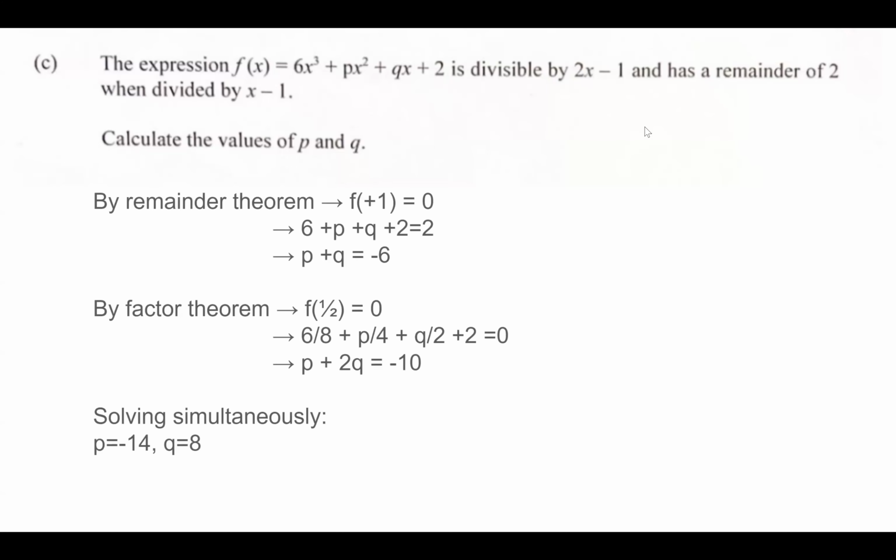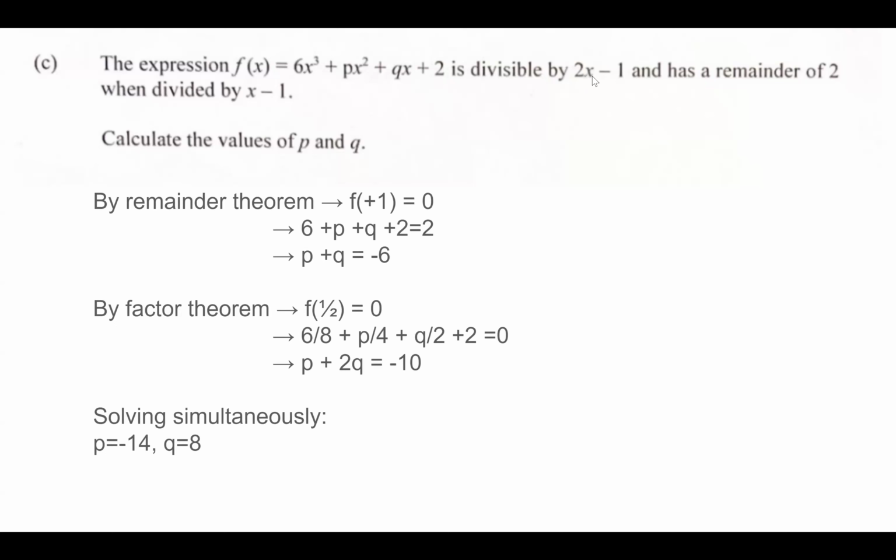So if it says that this function is divisible by 2x minus 1, the first step is to find out if 2x minus 1 is divisible, then we're going to use factor theorem. And we're going to rearrange 2x minus 1 and equate it to 0.